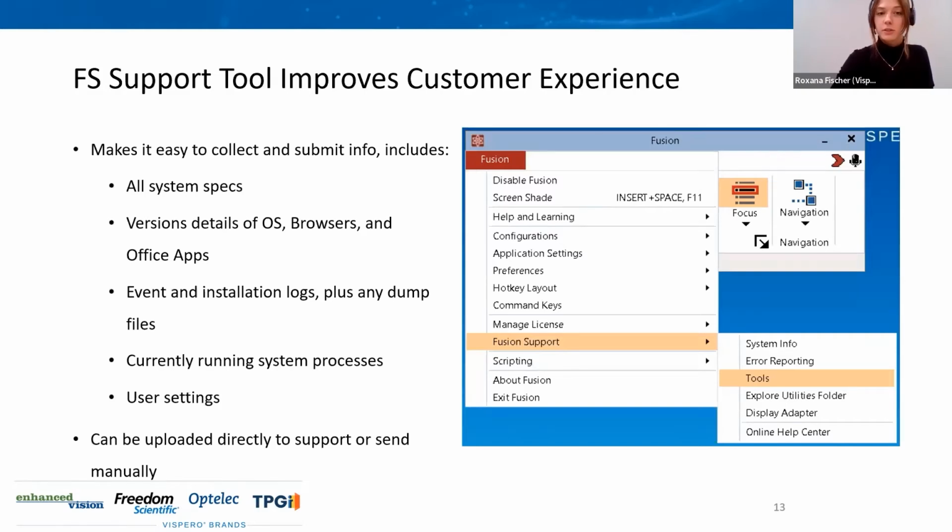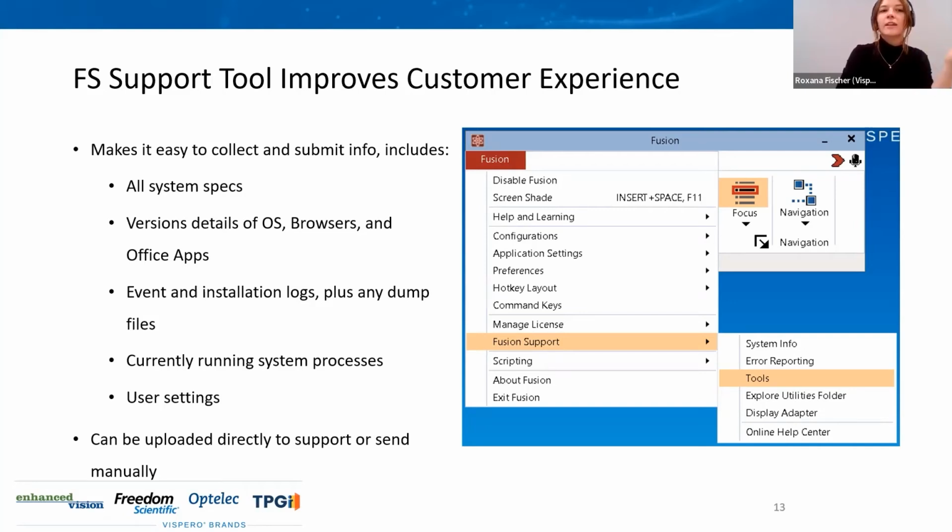Another feature that I would like to talk about that is also important for our distributors is the FS support tool. It makes it easy to collect more information about the system and what's happening on the client PC, and therefore helps by fixing bugs.